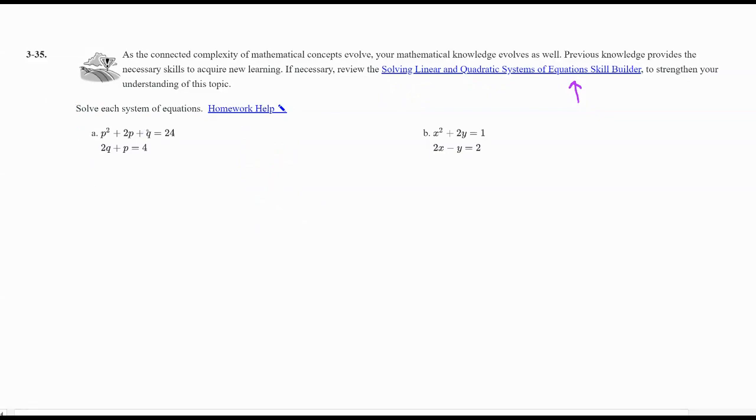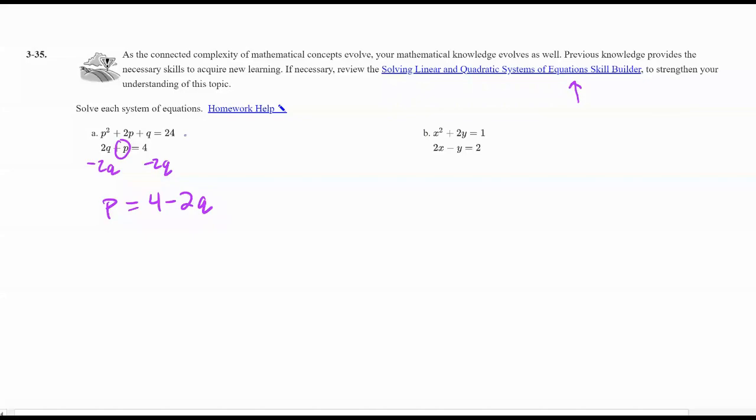So first thing I'm going to do here, I want to solve for P, sure. I'm going to subtract 2Q from both sides here, and I got P equals 4 minus 2Q.